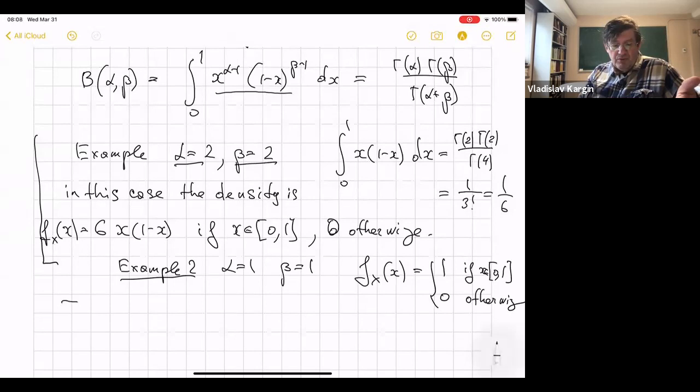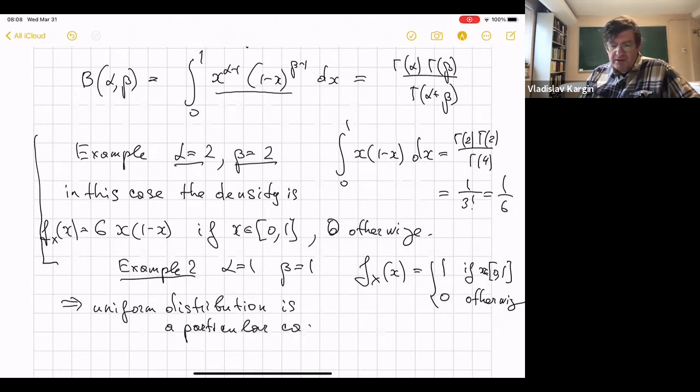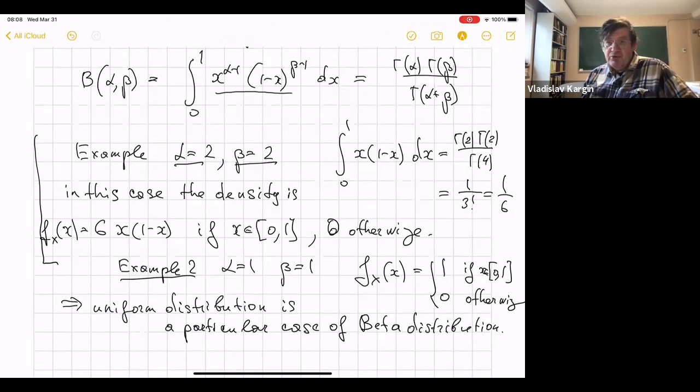So the uniform distribution is a particular case of the beta distribution. And so this is the role of the beta distribution: it is a generalization of the uniform distribution.